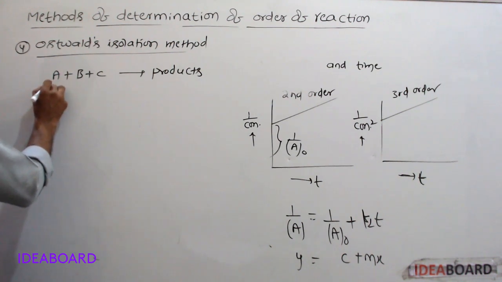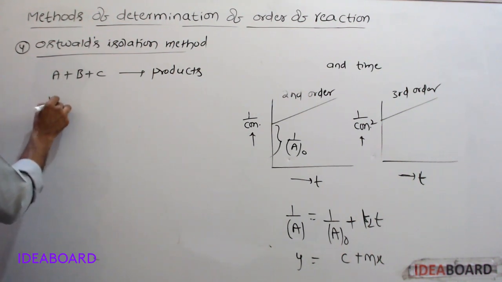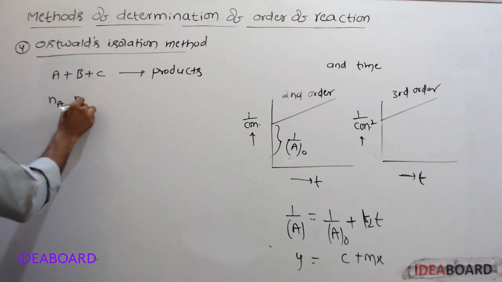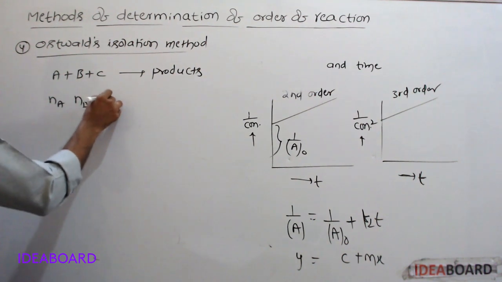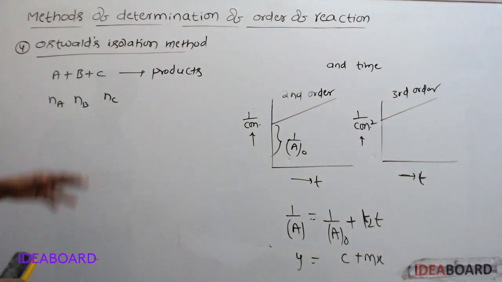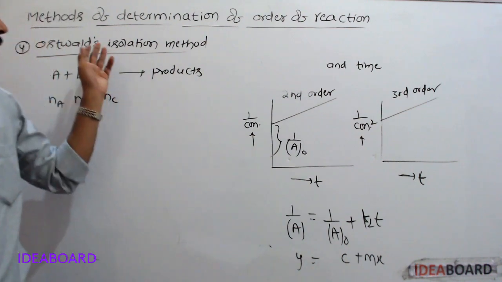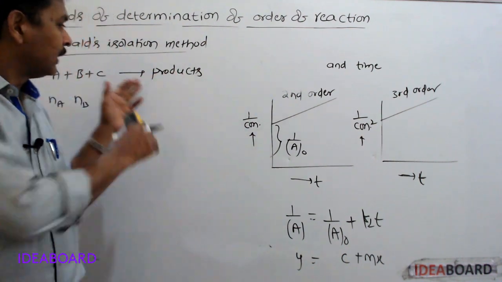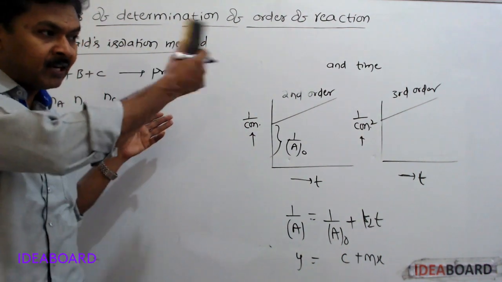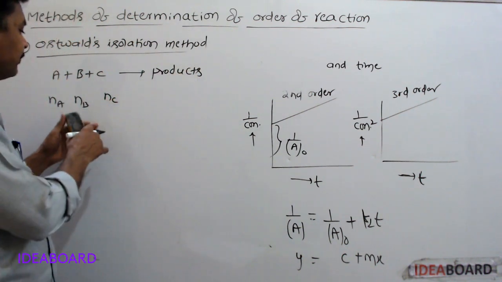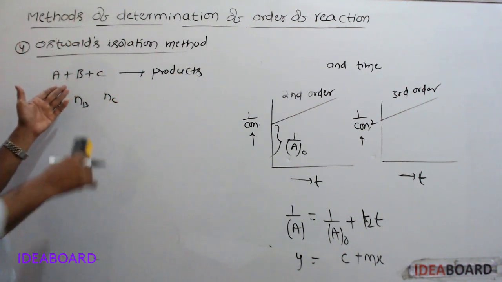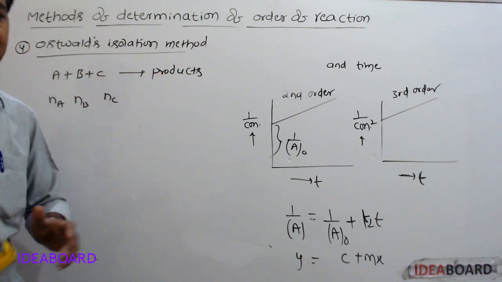Let the order of reaction with respect to A be Na, with respect to B be Nb, and with respect to C be Nc. In this method, the order of the reaction with respect to each reactant is determined by taking an excess amount of the remaining reactants.